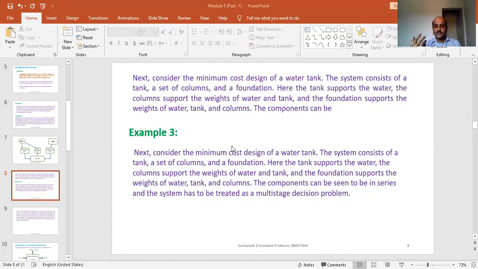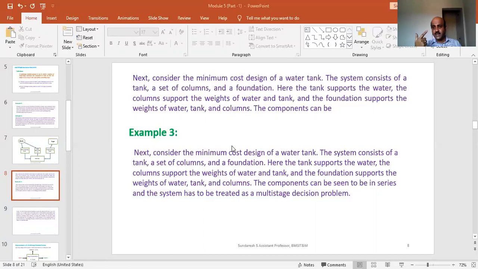So we need to design the tank so that the tank can support the water. The weight of the tank and the weight of the water has to be supported by the columns, and columns are resting on the foundation. So the foundation has to support the column, the tank, and the water, that is, the weight of the tank, the weight of the water, and the weight of the column.